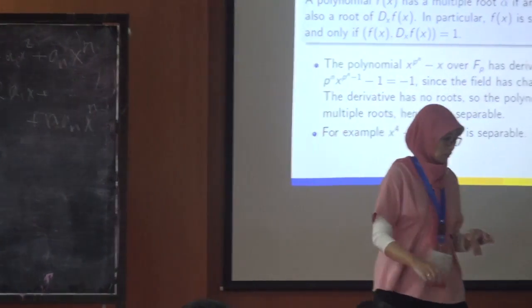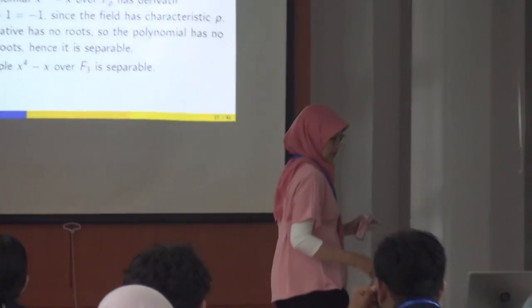And the proposition says that f(x) is separable if and only if this polynomial and this derivative are relatively prime.